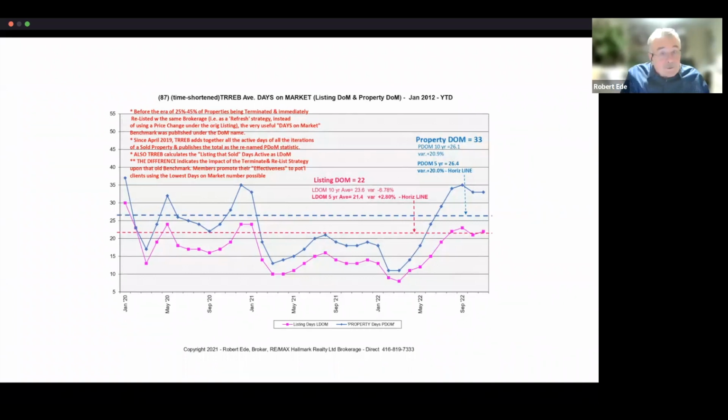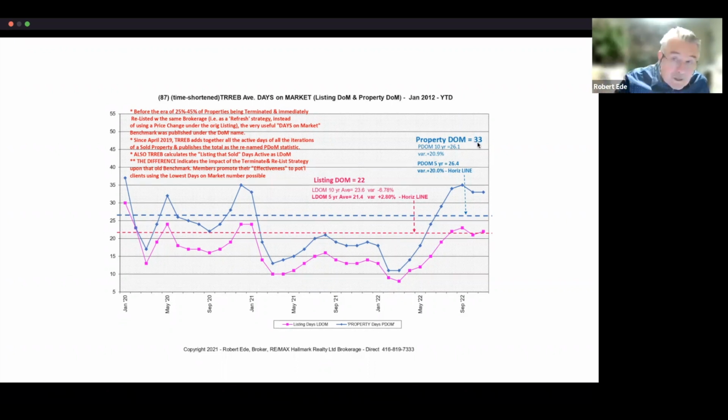However, since sometime in 2009, Toronto Real Estate Board has been keeping a separate track of listing days on the market, which means the contract that was alive, it was active, the time of the sale is the listing days on the market. And then they go back with an algorithm and say, was there another listing with the same owner and the same broker within 90 days of the time when this sold? And if they find that there's another one, a duplicate, then they say, okay, this property's total number of days in the market must be included, must be reported.